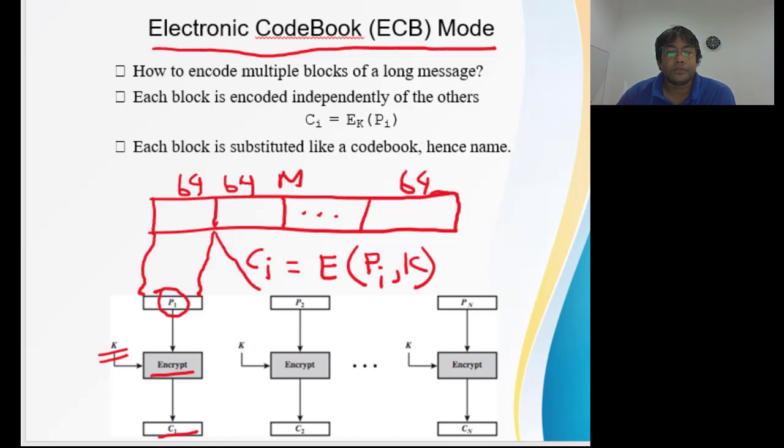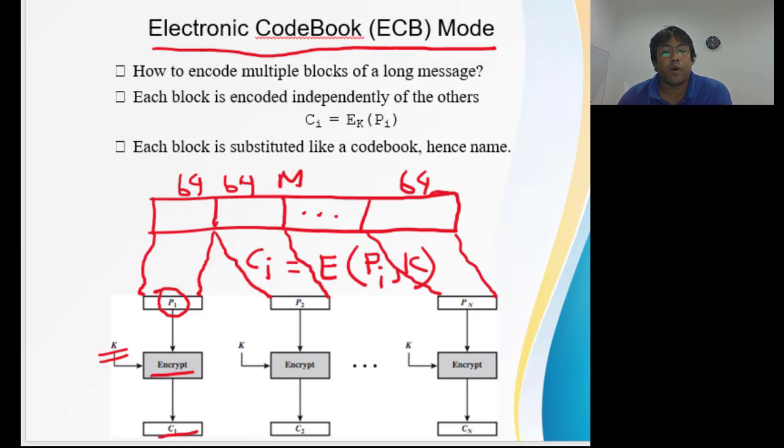The second one, after the first one is done, we'll consider the second block, and the second block will be encrypted, which will produce ciphertext block 2. Similarly, the last block is our Pn, which will be encrypted, and it will create ciphertext block Cn.